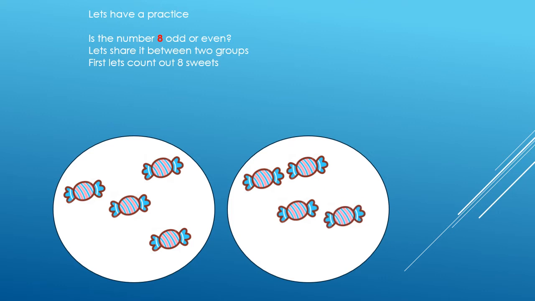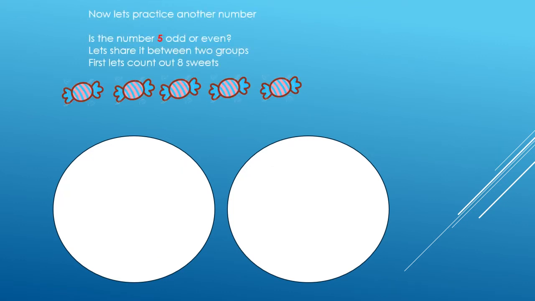Now let's count how many we have in each circle. I have 1, 2, 3, 4. 1, 2, 3, 4. So we have an equal amount, which means 8 can be split into 2. Now, does that make it odd or even? It makes it even.